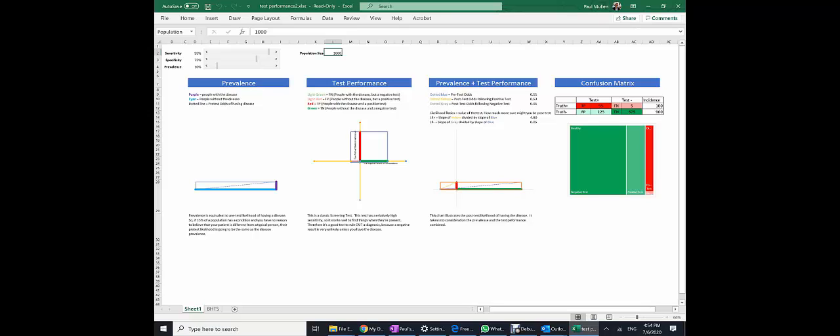So as you talk with your friends and others who may have had tests, it's helpful not only to know whether they had a positive test or a negative test, but to know what the prevalence is in your population, and then to know what the sensitivity and specificity of the tests are that you're actually using to measure this.